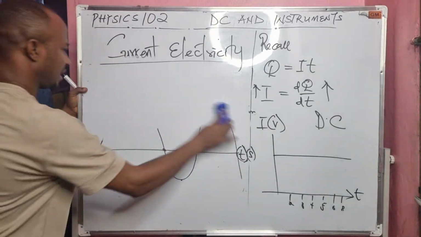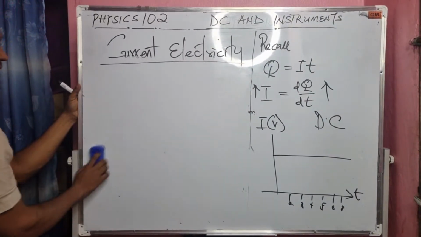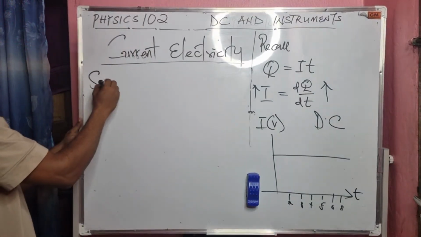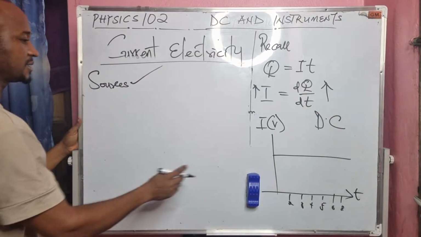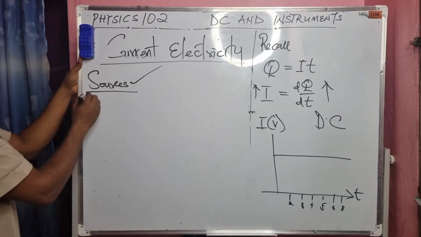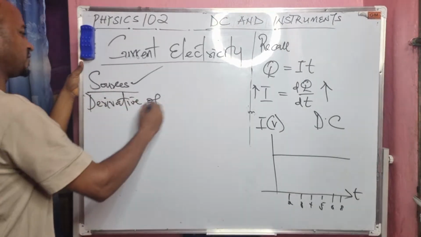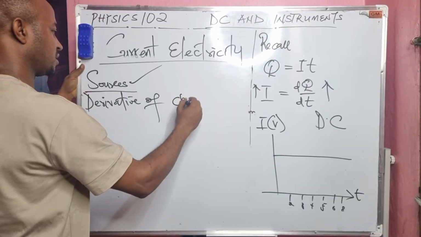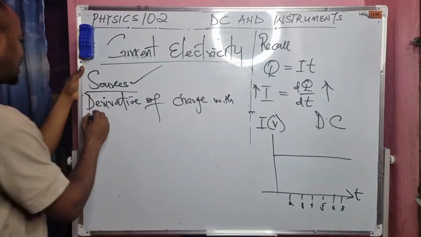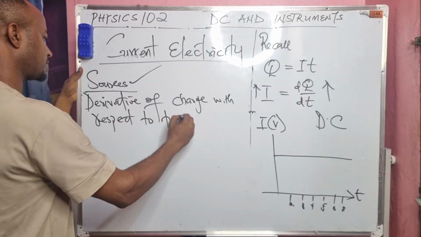Okay, let me take us through another journey. Now we have seen the sources of direct current. I want to take us through the derivative of charge with respect to time.